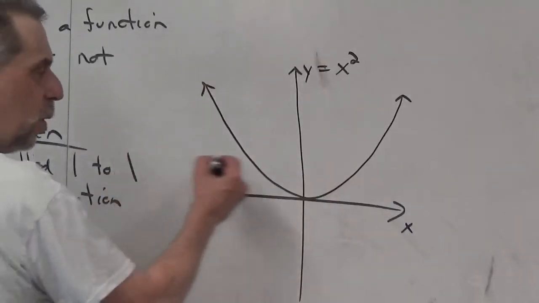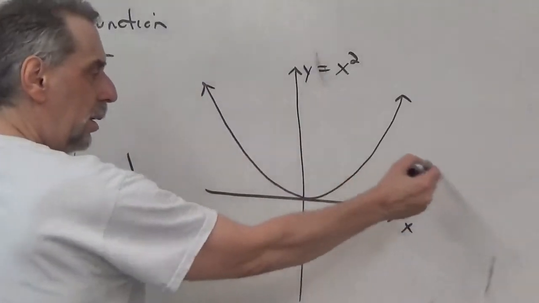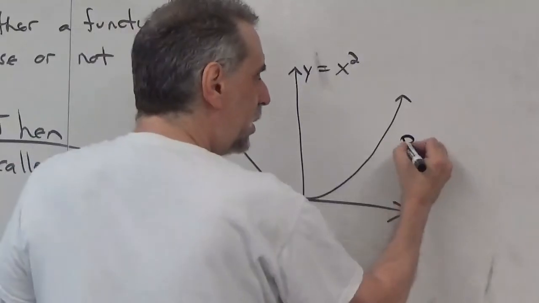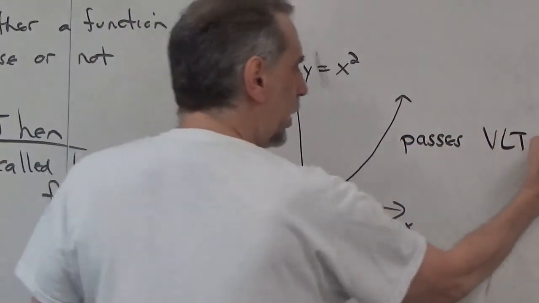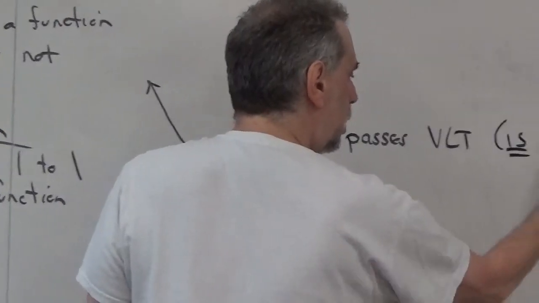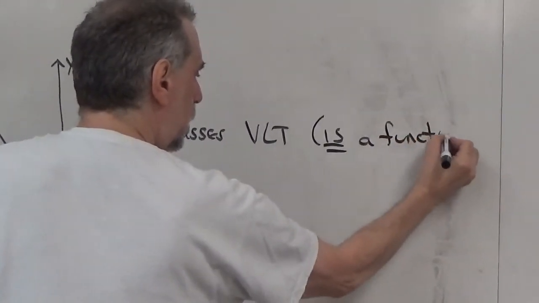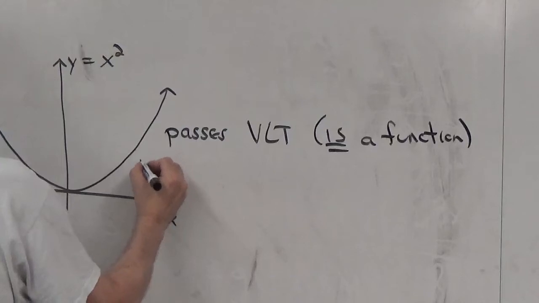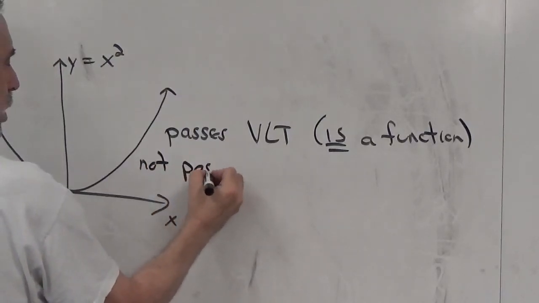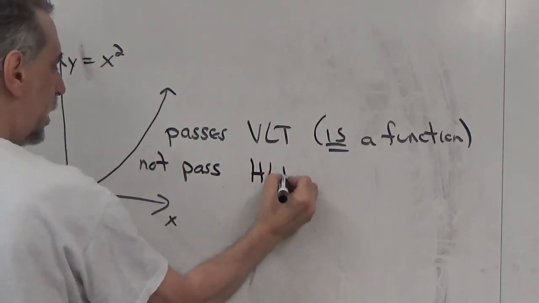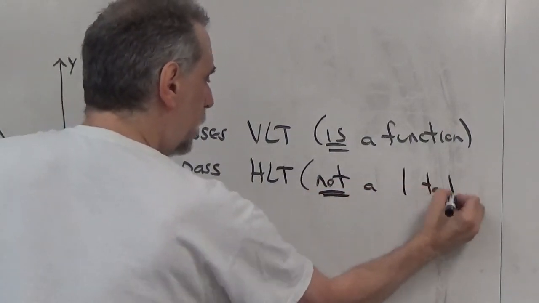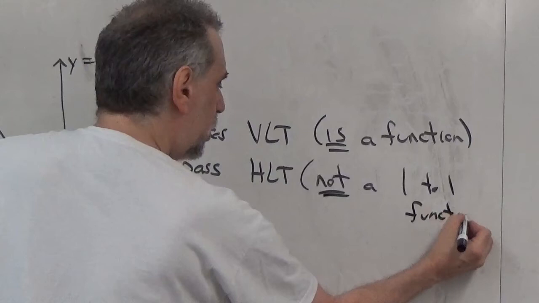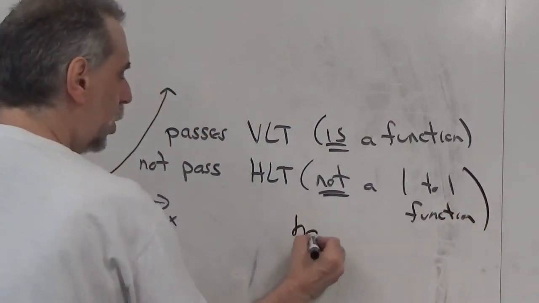But it doesn't pass the horizontal line test. So it is a function, but it does not pass the horizontal line test. So it's not a one-to-one function. And if it's not a one-to-one function, it has no inverse.